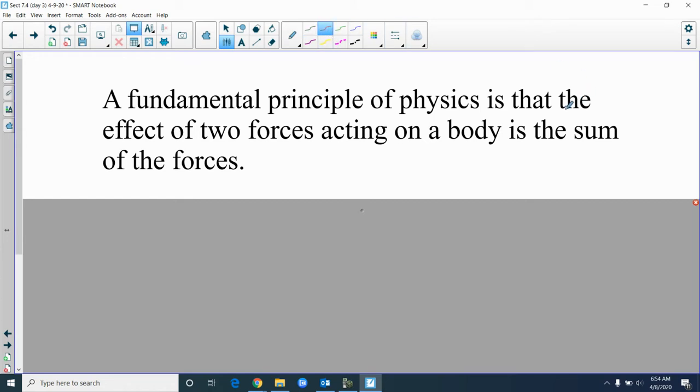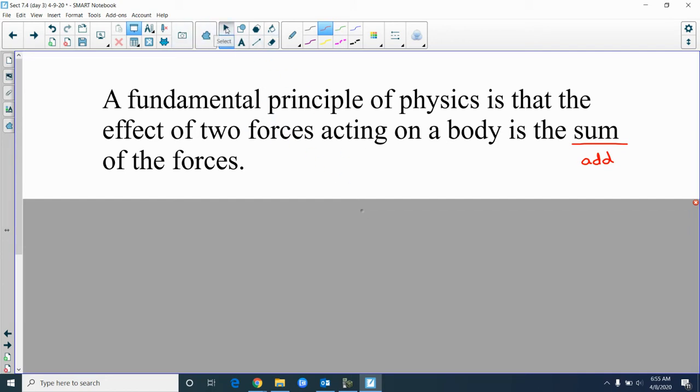So if you get two people pushing on a stalled car, both forces will add together to either move the car or attempt to move the car. Sum means what it always means: addition. We are going to add the forces. Well, the forces can be represented by vectors.